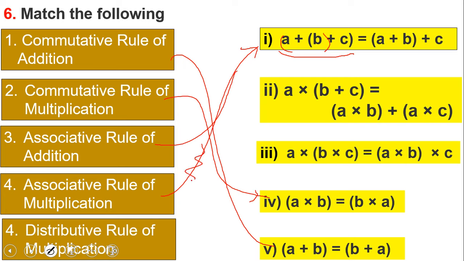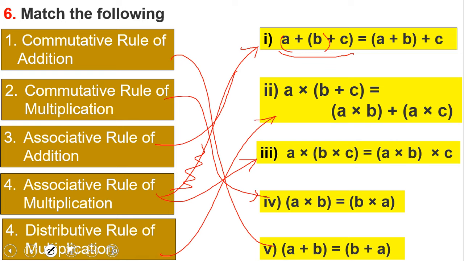This is not the answer. Okay, then associative rule of multiplication is what? Same thing. a into bracket b into c is equal to bracket a into b into c, means this one. Is that clear? And now distributive rule of multiplication. a into bracket b plus c equal to a into b plus a into c, means this one.